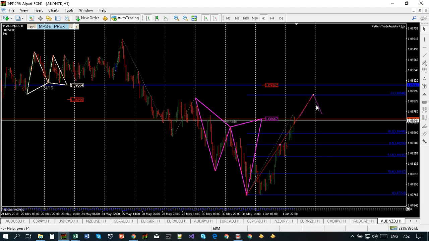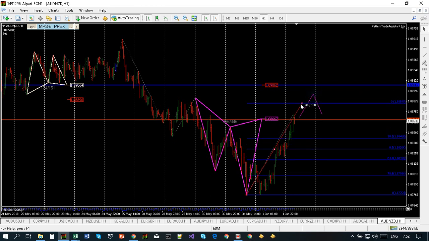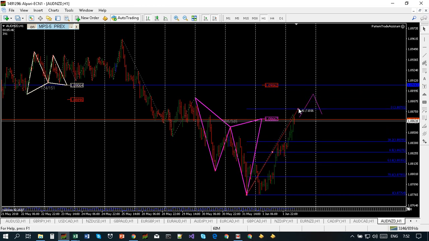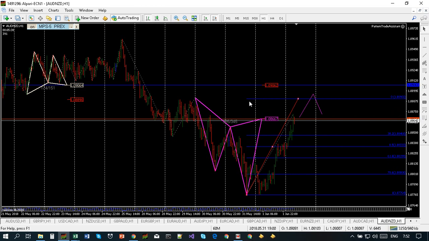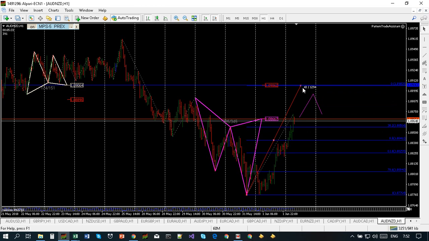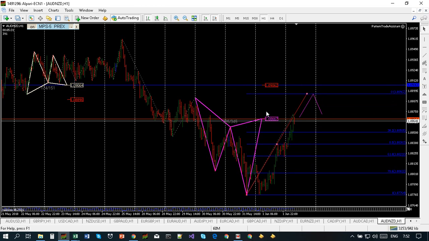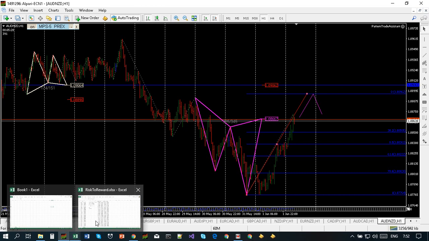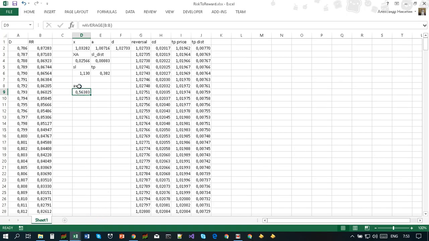Well, we should consider that this assumes we have the same probability of price reversing at whatever point, but it's not exactly true. We have a higher probability of price reversing in the first third of this potential reversal zone. Then we have a lower probability that price will go and reverse here, and we have the smallest probability that we will have a reversal here. And basically, based on this, the average risk to reward is not exactly 0.56.